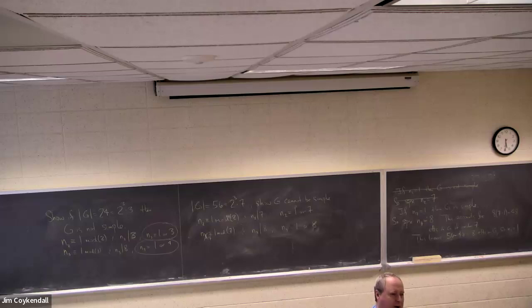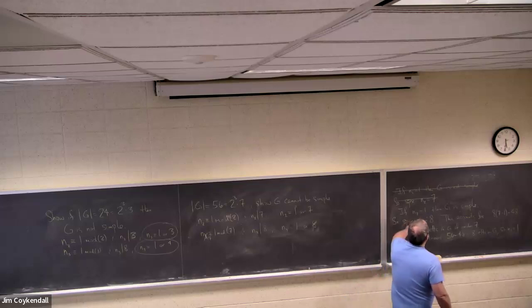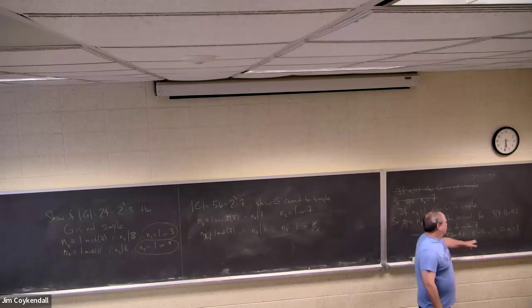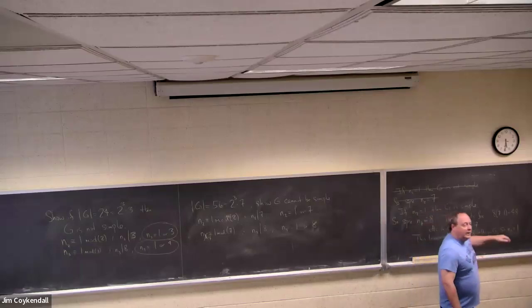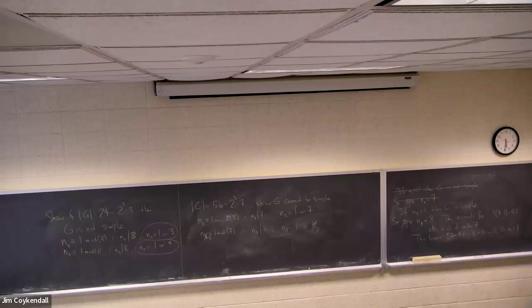And there you go. So what we've proven is that either n7 is 1 or n2 is forced to be 1. No matter how you cut this cake, you've got a normal Sylow subgroup.